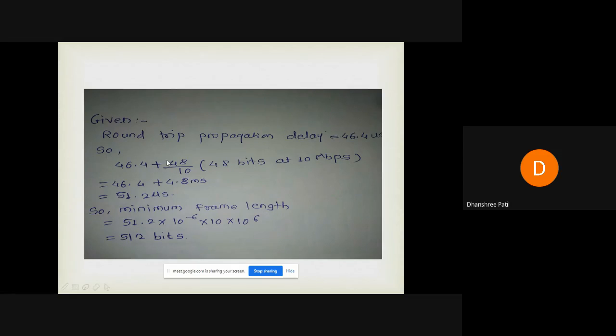So the total round trip propagation delay will be calculated as 46.4 plus 48 by 10, or 4.8 microseconds, because the rate is in bits per second. That is why I have divided it by 10. After calculating this term we will get 51.2 microseconds.